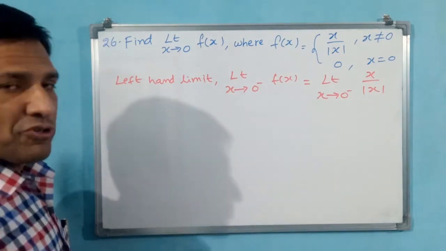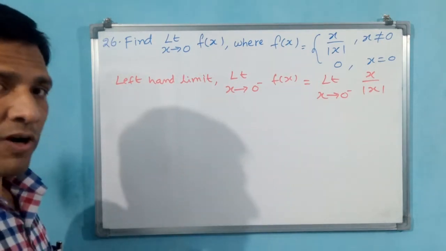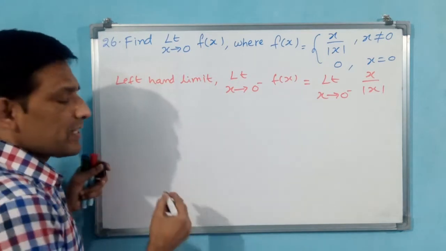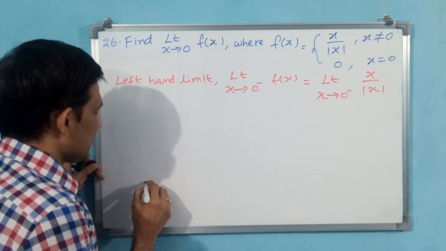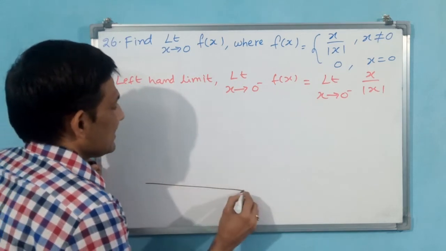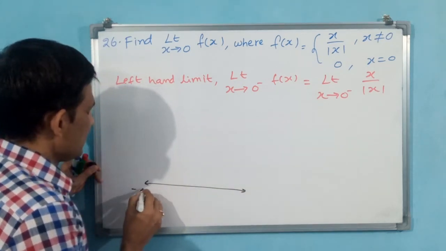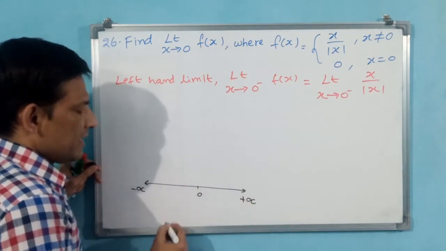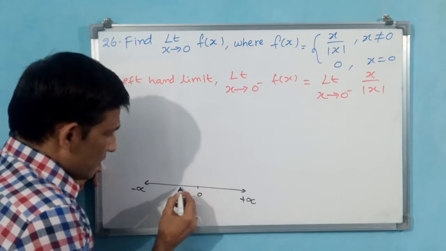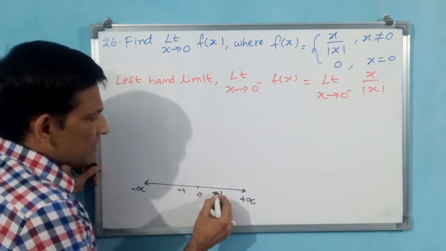Then you substitute. How are we substituting x? Don't substitute as x only. Why? Because if you see this real line, minus infinity, plus infinity, and 0 will be there. Here minus 1 will be there, here plus 1 will be there.